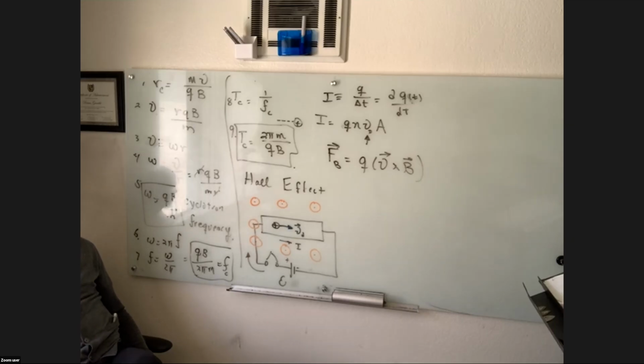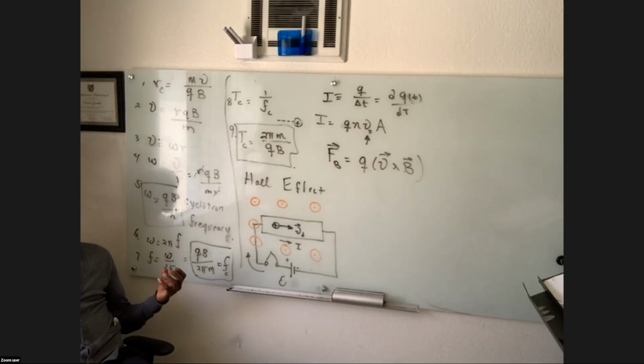Now, that's just one charge I've drawn just for the purpose of illustration. But copper, for example, has 10 to the 23rd, I think, either 22nd or 23rd, charges per unit volume. That's 1 times 10 to the 23rd.